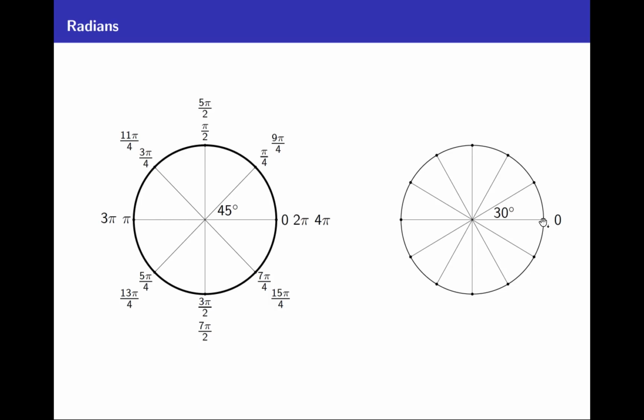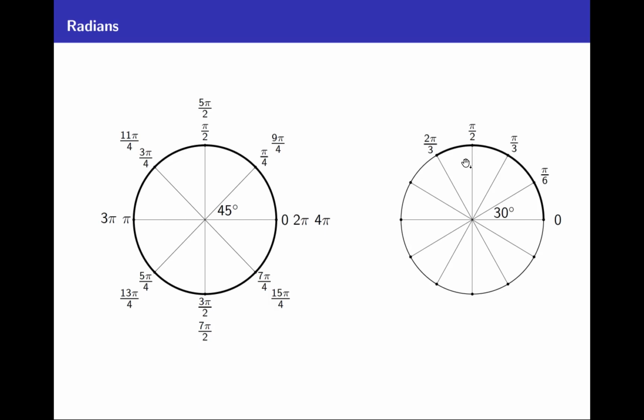Now, going from 0 radians increasing to this point at 30 degrees, that's 1/12 of all the way around the unit circle, 1/12 of 2 pi, and 1/12 times 2 pi is pi over 6. Doubling that, you get 2 times pi over 6, which reduces to pi over 3. And here's 3 times pi over 6, which reduces to pi over 2. And that's 90 degrees, just as we had here.